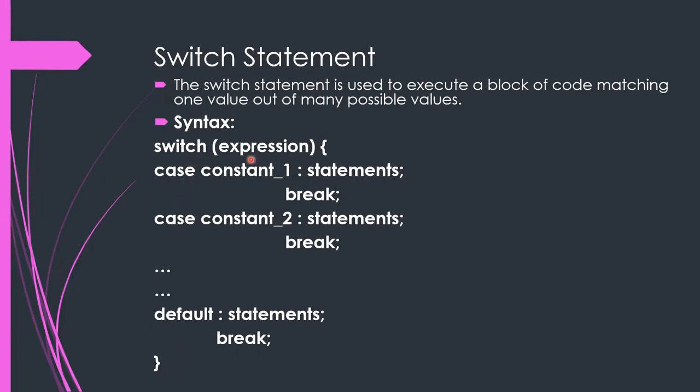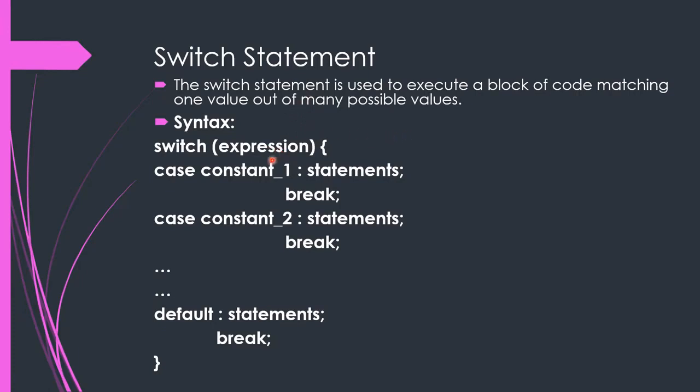Switch, then in brackets the expression. As I already told you, in an expression we generally specify the condition, but here we specify a variable or the term which we are going to switch between.